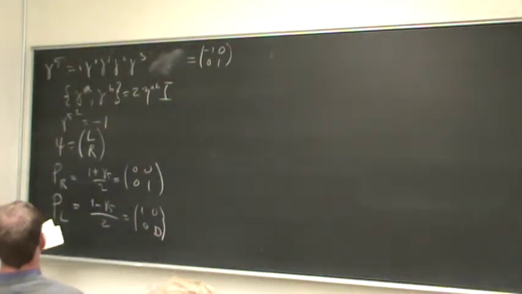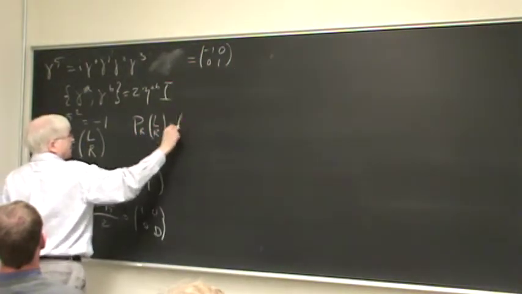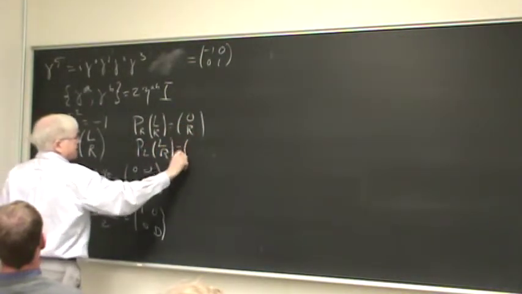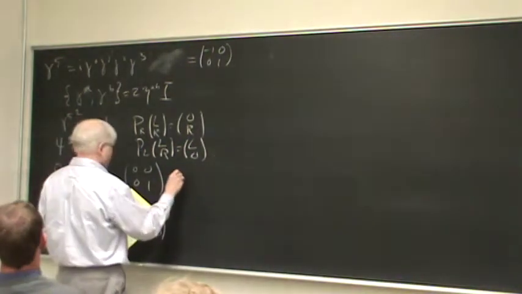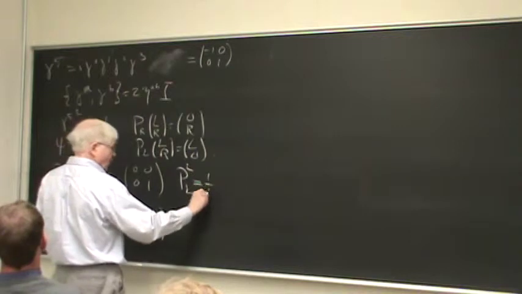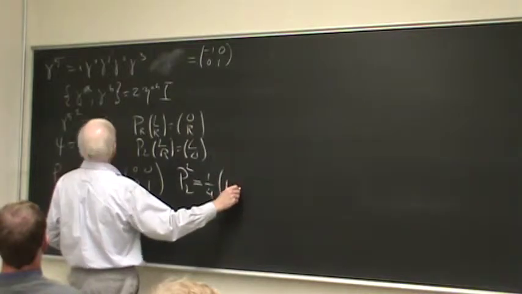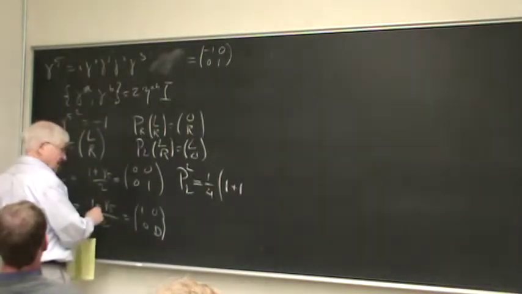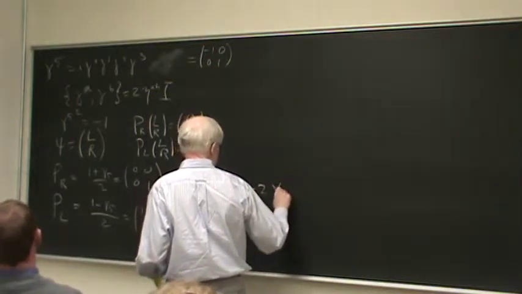And so P right on L R gives 0 R, and P left on L R gives L 0. So it's just a projection operator. Like any projection operator, you can verify, for example, P left squared is P left. Why is that? Well, it's 1/4 times 1 squared, which is 1, plus gamma 5 squared, which is 1, and then minus 2 gamma 5.